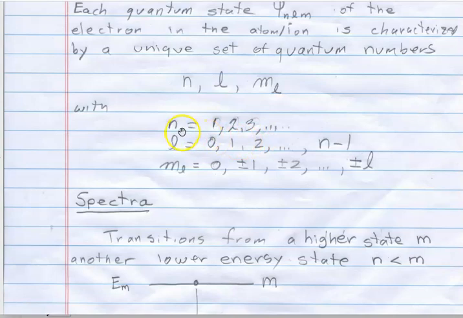And just to summarize, the allowed values are these. How these arise is because the wave function, psi, has to satisfy the Schrodinger equation, and that wave function has to be normalizable.